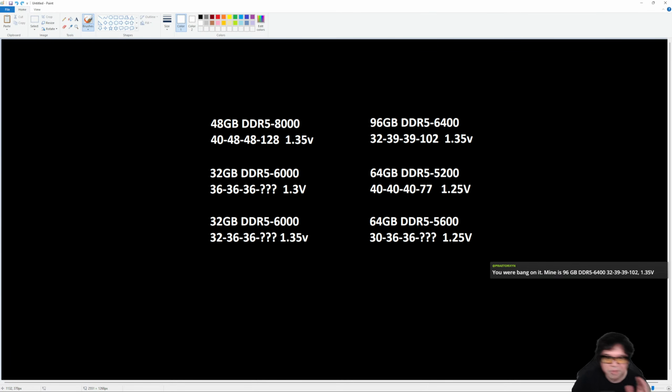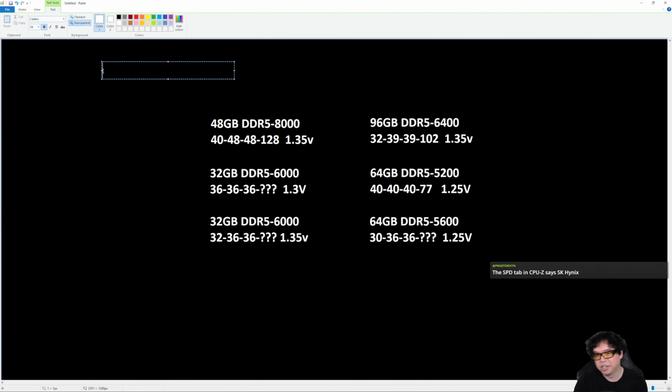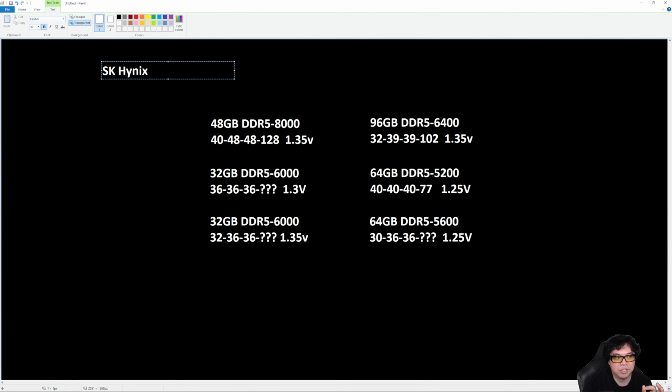There's a method that I use that's not 100% guaranteed, but it is very accurate. It is probably 85% accuracy in terms of whether I can tell if a memory kit is from a certain brand, and that brand is SK Hynix. SK Hynix is the easiest one to look at a memory kit and immediately determine if it is from SK Hynix or if it's not from SK Hynix.